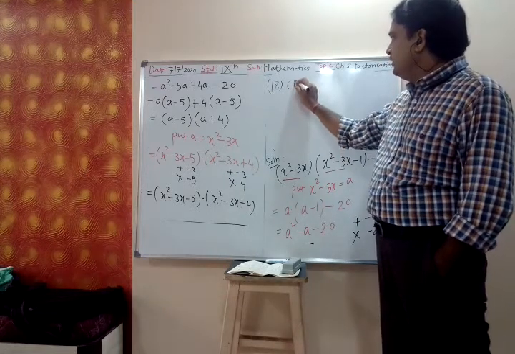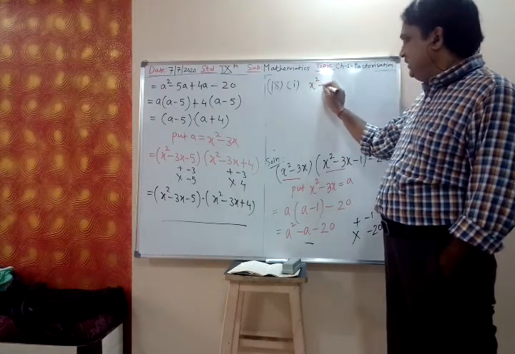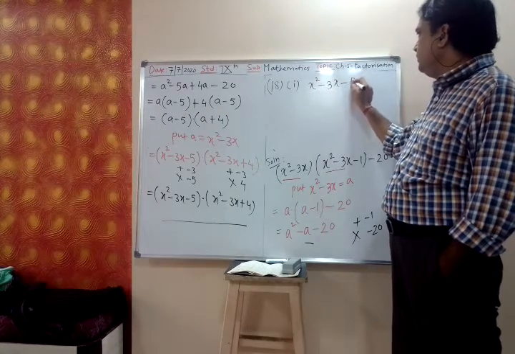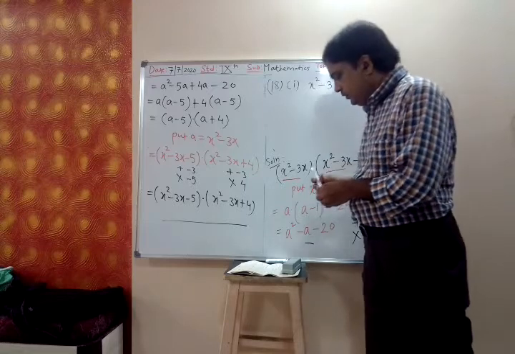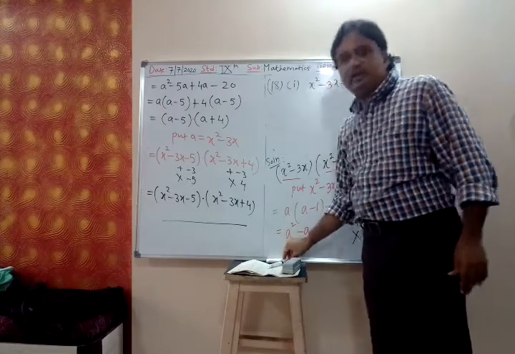First, x square minus 3x minus 54. Whether this quadratic is factorizable or not.